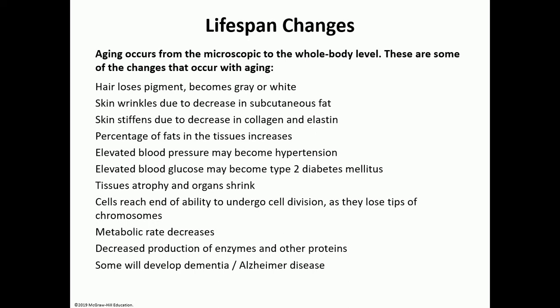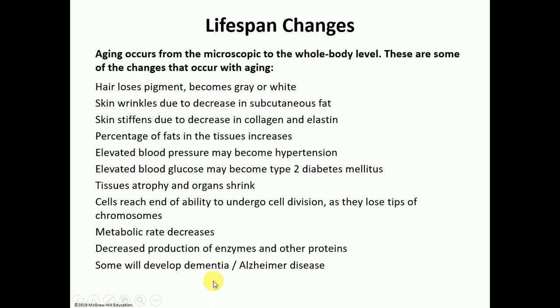Our metabolism decreases, and that is the reason for the increase in body weight as we age, and hence the need for exercise and diet adjustment in order to prevent not just increase in body weight, but also to prevent the occurrence of type 2 diabetes and hypertension. As we age, we make fewer enzymes, and the enzymes even tend to slow down. Sometimes some individuals will develop dementia or Alzheimer's disease.